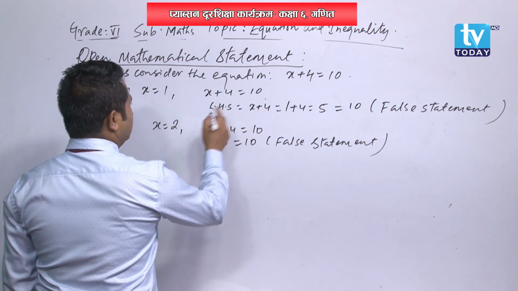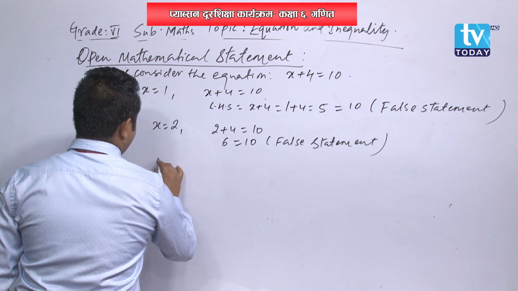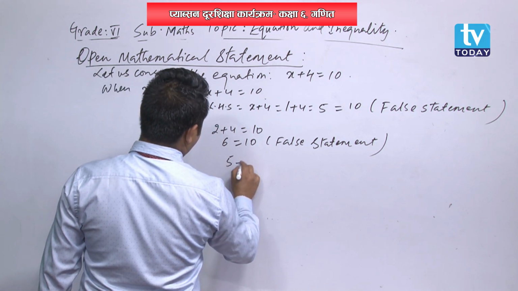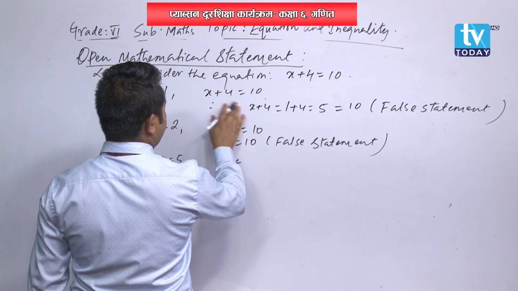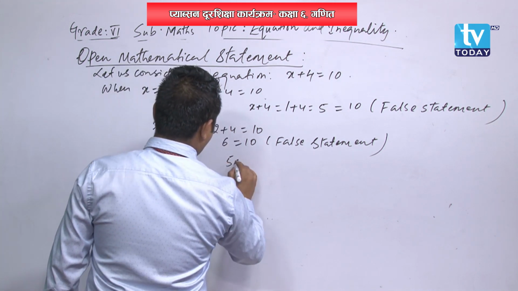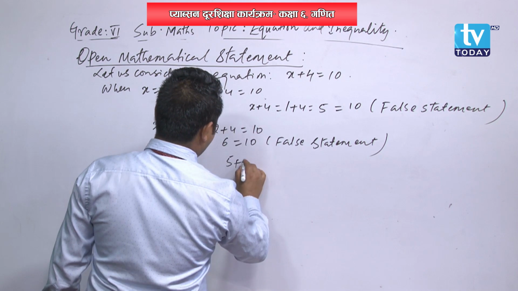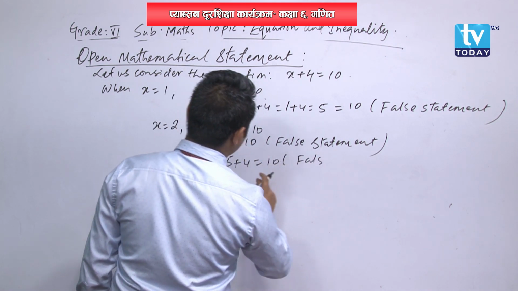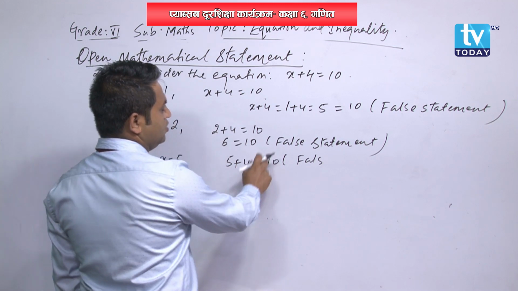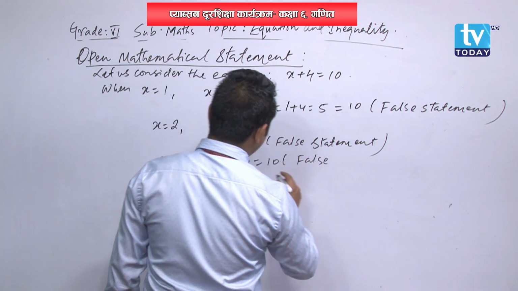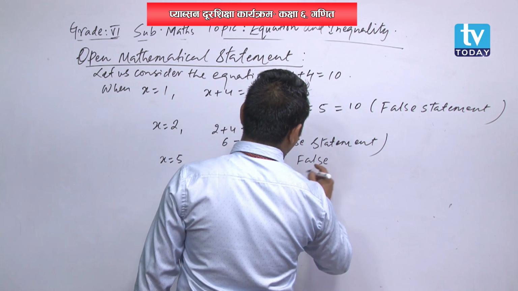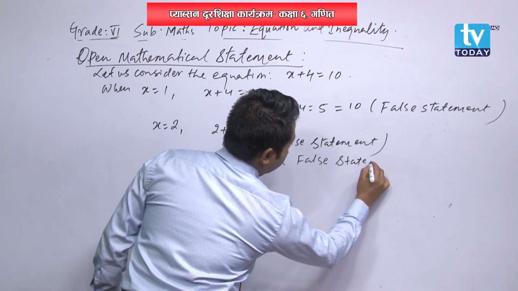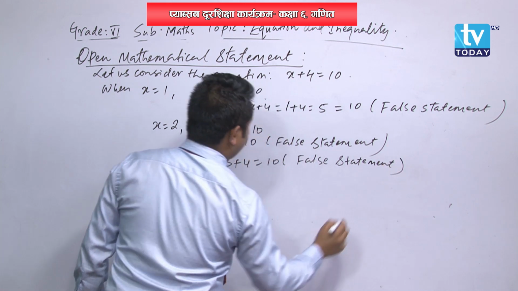If you take the value of x equals 5, then 5 plus 4 equals 10. This is also a false statement, because 5 plus 4 is 9, and 9 cannot be equal to 10. So it is a false statement.